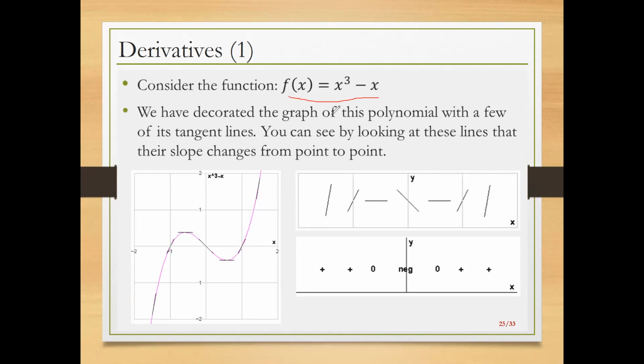So we know that if you look at this function, x cubed minus x, it would look like the graph shown over here, okay? And we know what a slope is. A slope is a tangent that is passing at a particular point. So if you take this point, this would be the slope at that point. For example, this is the slope at this point, this is the slope at this particular point, and so forth.